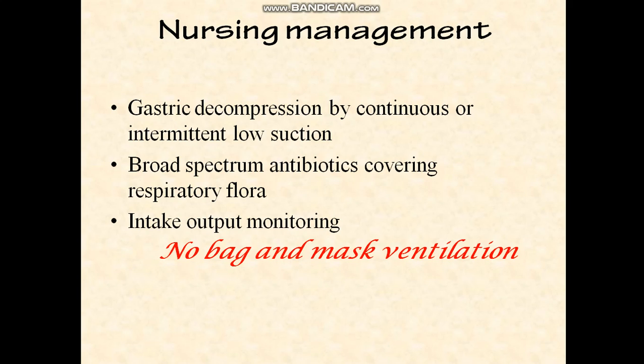When the stomach is enlarged due to the gas, it may compromise the respiratory function and increase the respiratory distress, and also there are high chances of aspiration of the gastric contents into the trachea.